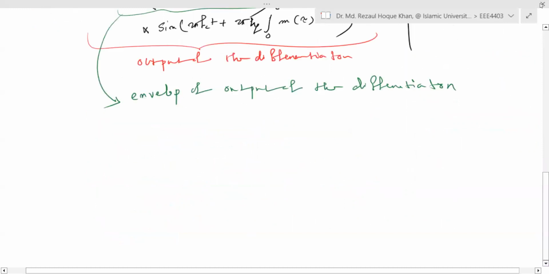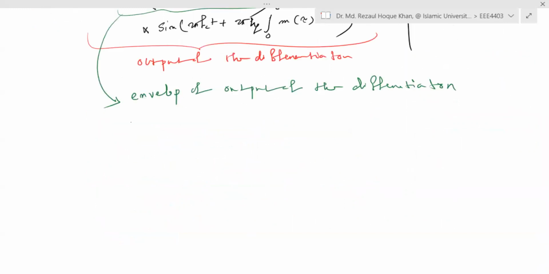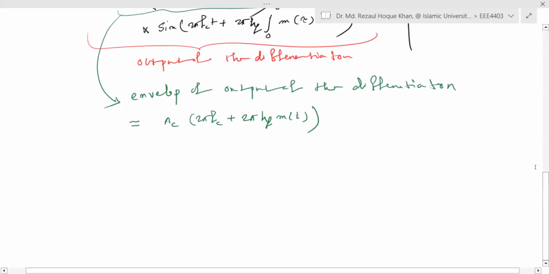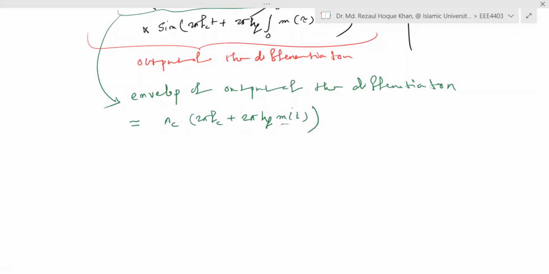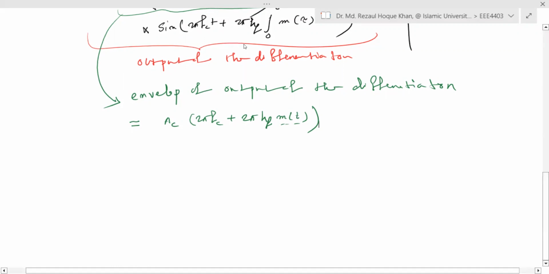This envelope amounts to Ac times (2π fc + 2π kf m(t)). You can see that this envelope is a function of m(t), the message signal. The way the message signal varies, the envelope will also vary, like in amplitude modulation.